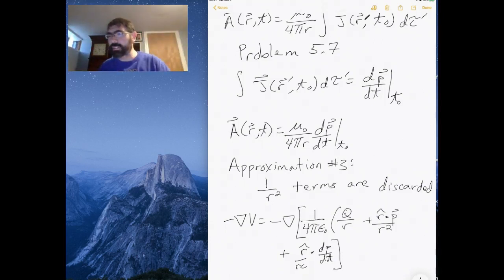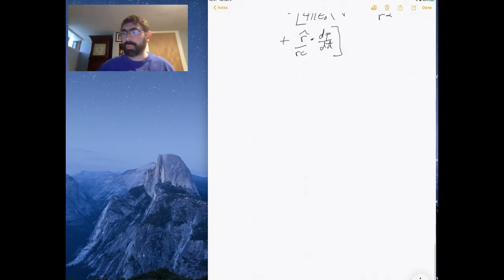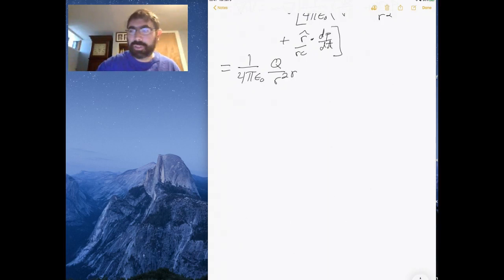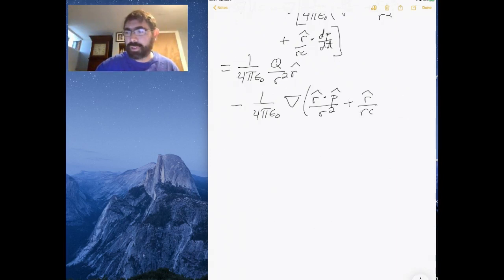When we do that, what we get is 1 over 4 pi epsilon naught q over r squared in the r direction, minus 1 over 4 pi epsilon naught, the gradient of the dipole divided by r squared plus r hat over rc dotted into the time derivative of the dipole moment.